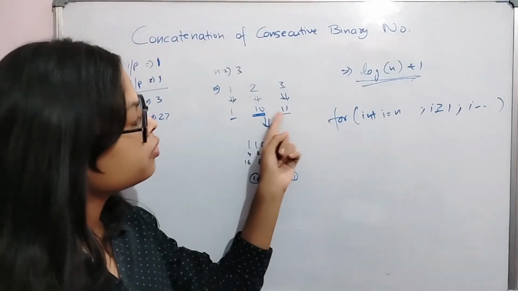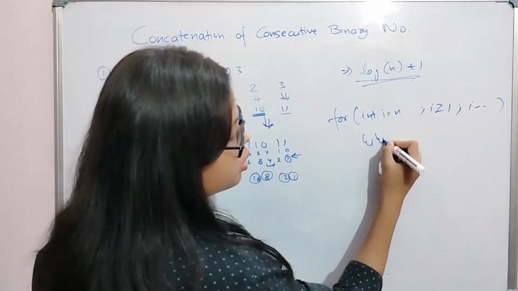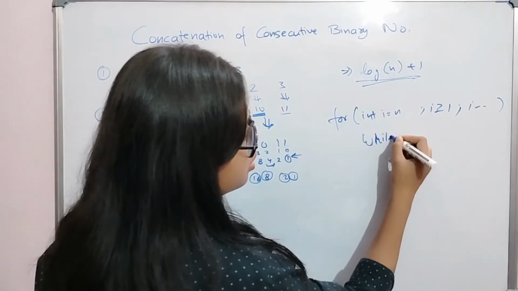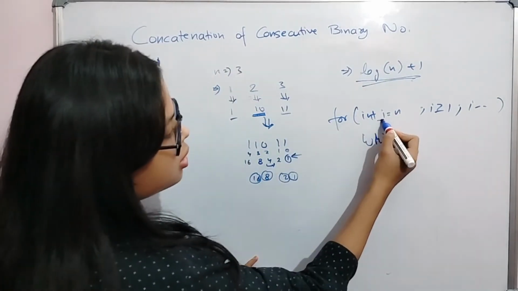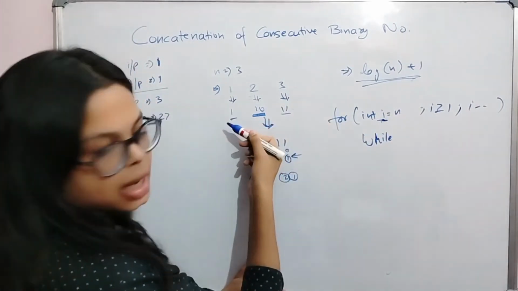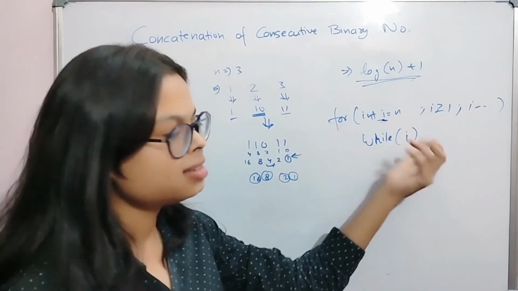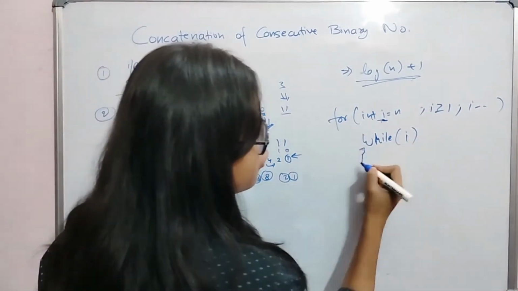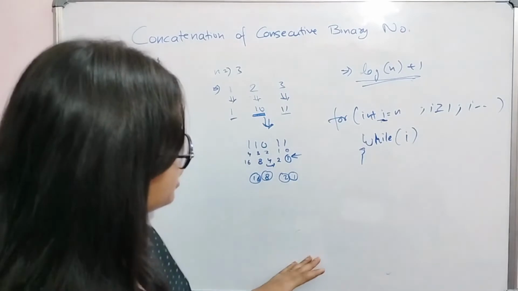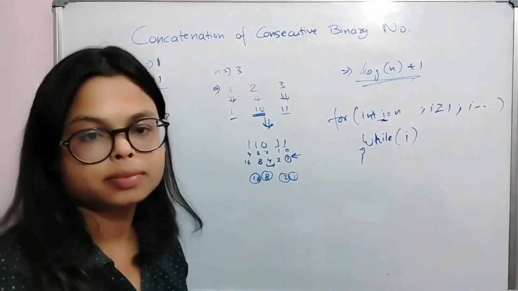How will I get 1, 1, 0, 1? Simple, we can just have a while loop. This number is currently i. So for i equals 3, i equals 2, i equals 1, we use while i is greater than 0. While it is true, I will try to get this number.